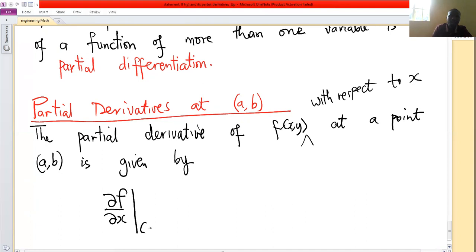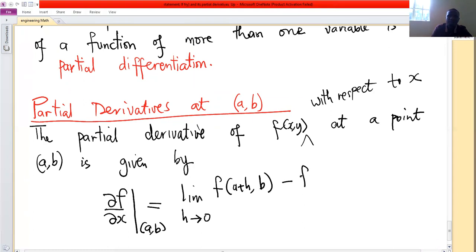at (a, b), which is given by limit as h approaches 0 of f of a plus h comma b minus f of a comma b divided by h.